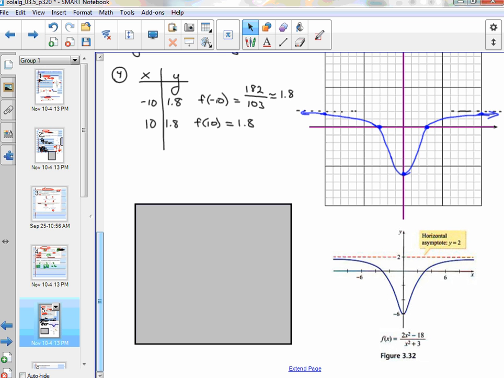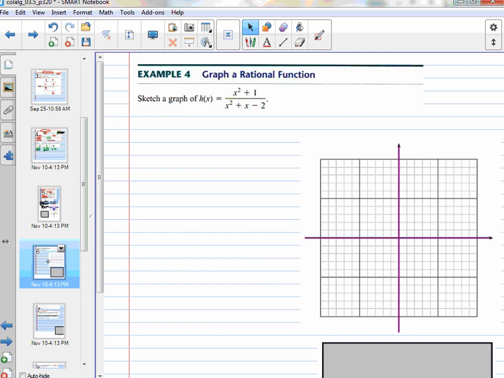So let's try another one, since we were so good at that one. So step number 1 is going to be the asymptotes. You tell me, how do I find the vertical asymptotes? It's okay to refer to your book if you need to. Zeros of the denominator. Now, what I usually do before I do anything else is I factor this thing.